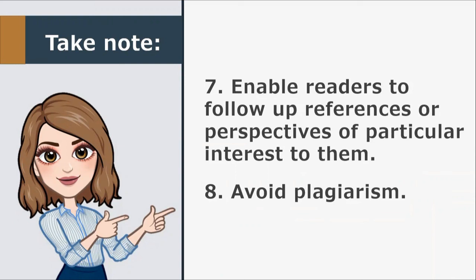And last, number 8, avoid plagiarism. We will not commit the crime of illegally copying someone's intellectual property or someone's concept or idea if, before using a specific source of information, we review it first.